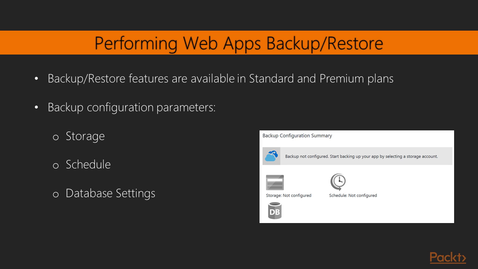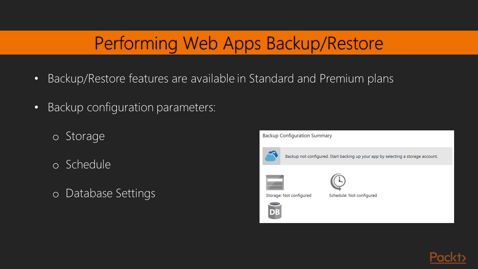Now, once you're deploying, pushing out, publishing Azure Web Apps, know that you also have some options available to allow backup and restores. Quite important, backup and restore features are only available in standard and premium plans, not in the other ones. If you are opting for standard and premium, the backup configuration is actually pretty easy to go through.